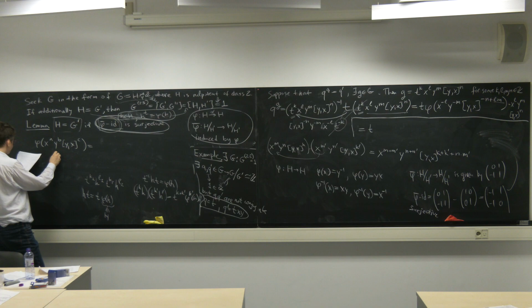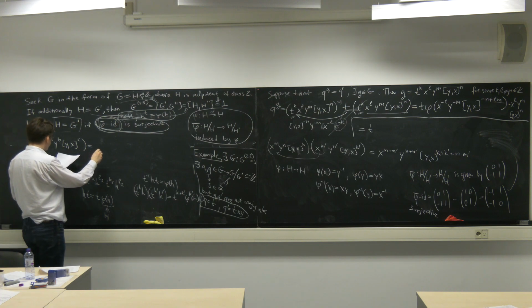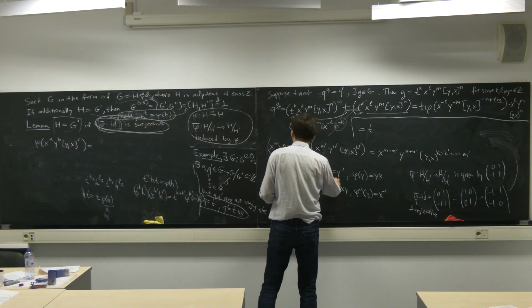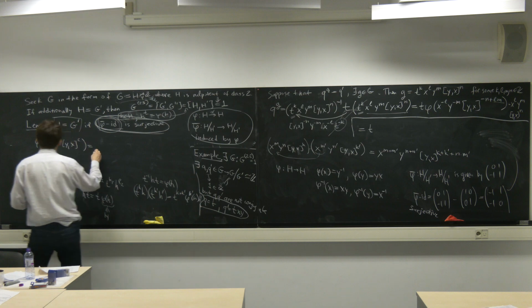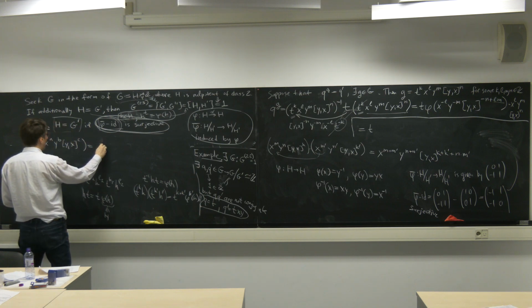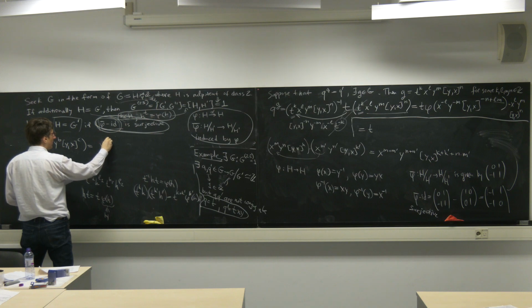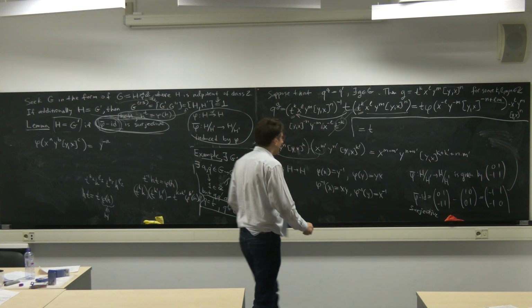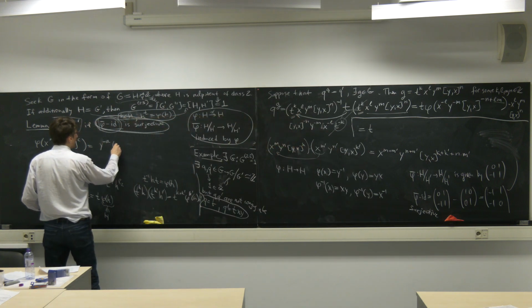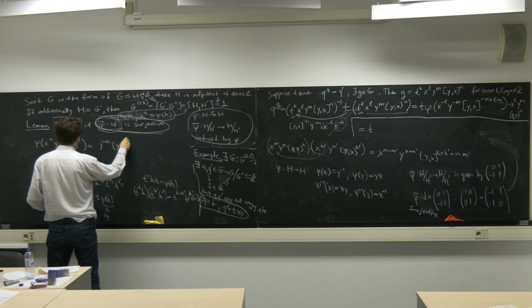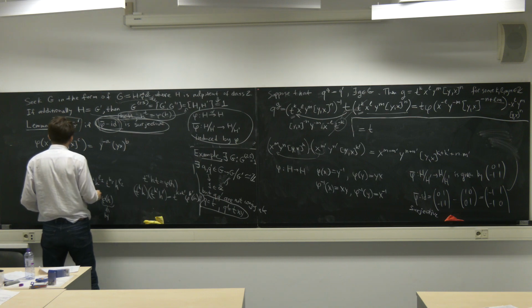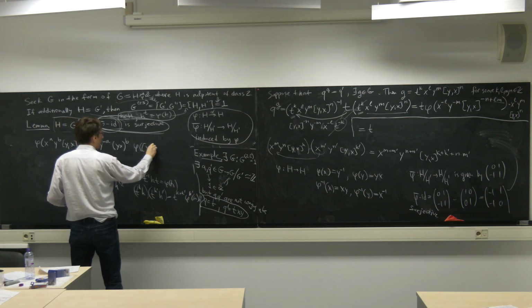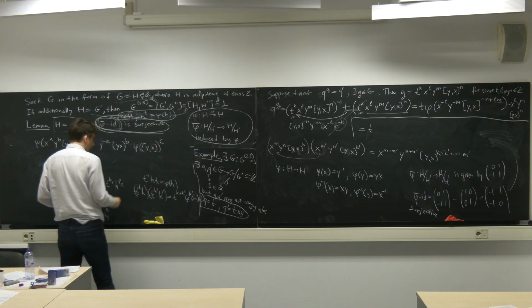Well, first let us, okay, so there was the formula for phi. So phi of x is y inverse, so this will be y to the power minus a. Phi of y is yx. So then I'm writing yx to the power b. And then I can write phi of yx to the power c.